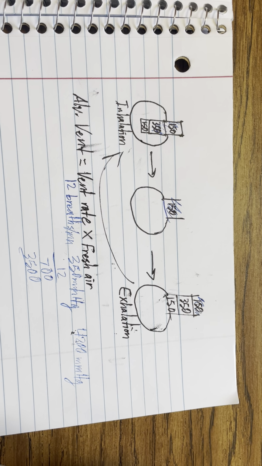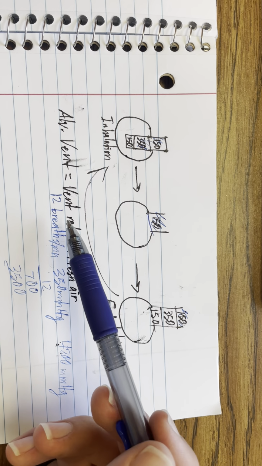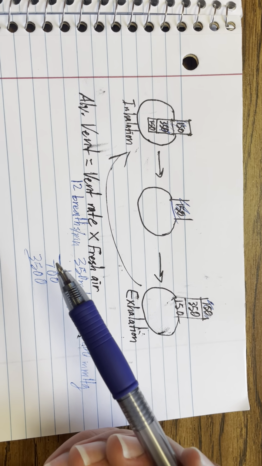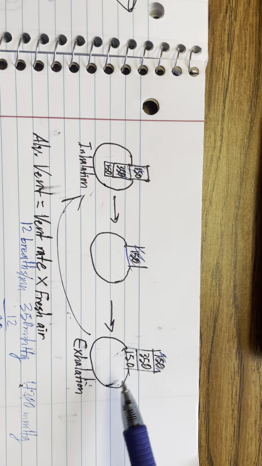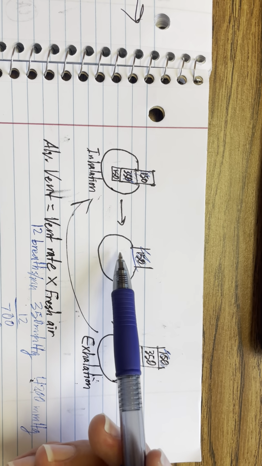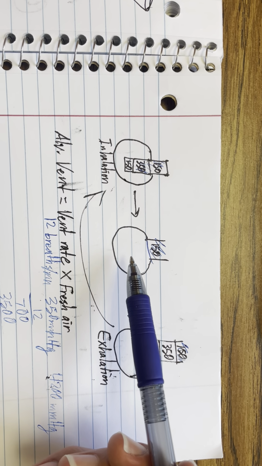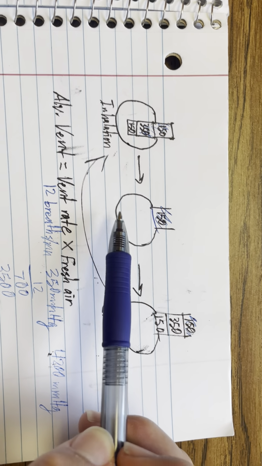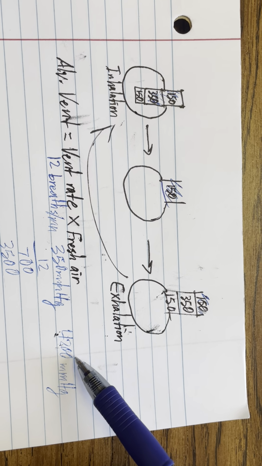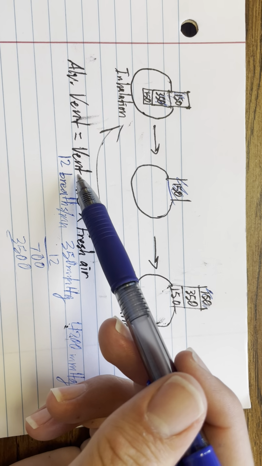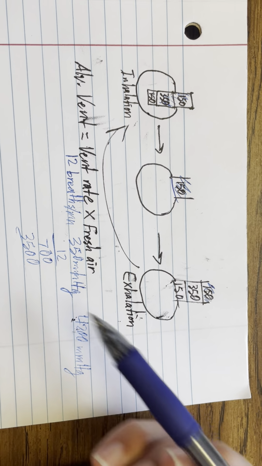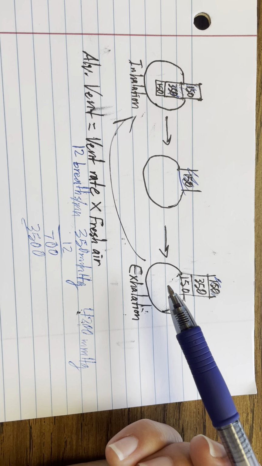So what does this tell you if we have faster breathing rates or slower breathing rates? Well, if we increase the time that this fresh air gets to spend in the alveolus, then more is going to be absorbed. So slow, deep breaths are going to increase this number and increase the amount of fresh air that enters into the alveolus.